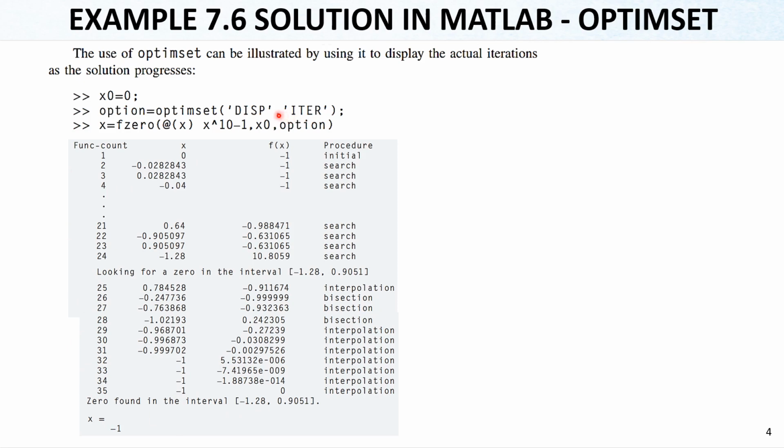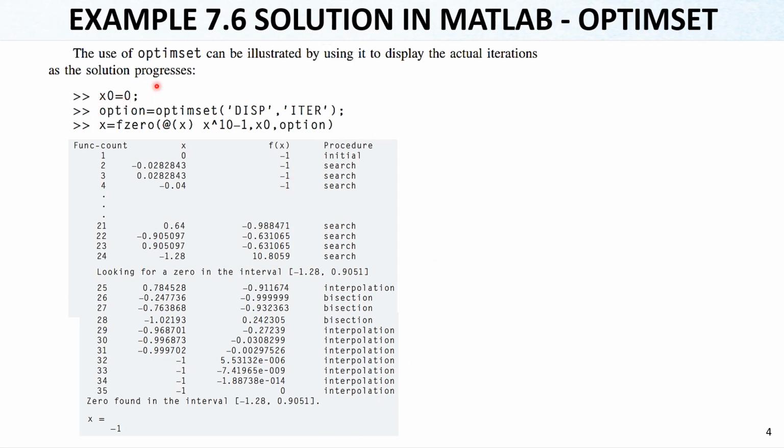It shows the iterations because with display we defined to show the iterations. So it will show each iteration, the x values changing in it, and the fx values, and the procedure. So basically search, interpolation, bisection, interpolation. These are just the numerical methods that it is using.